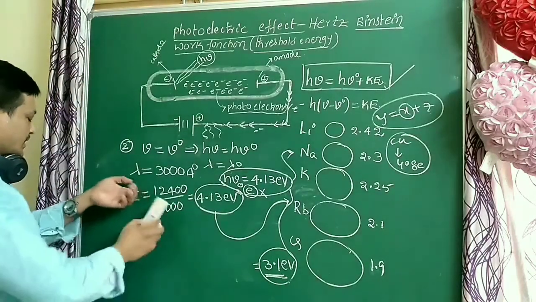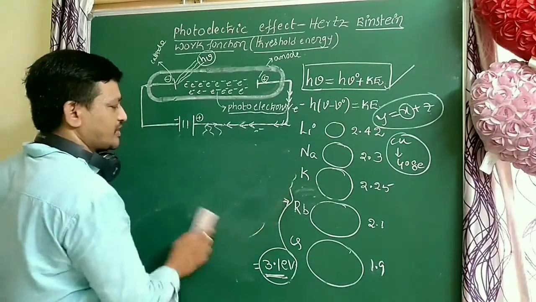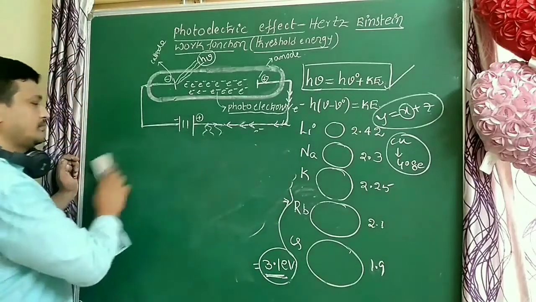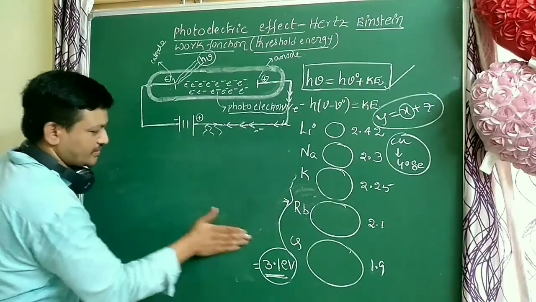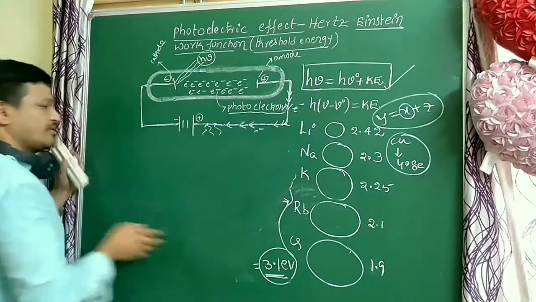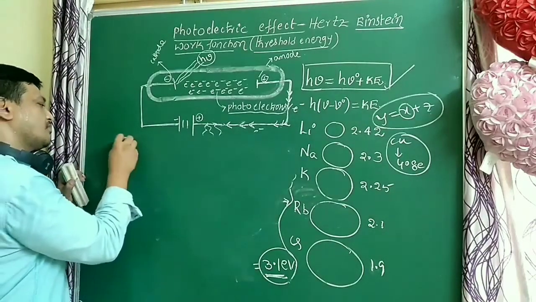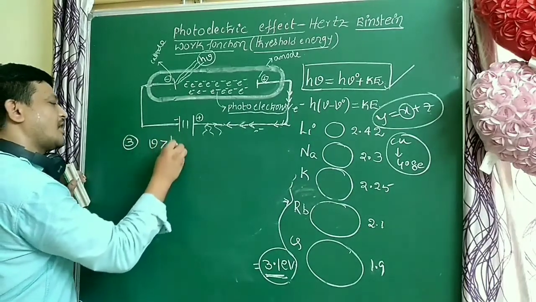Next, one more condition is there. That is the important, very useful condition, students. What is that condition? Third point: mu greater than mu naught.